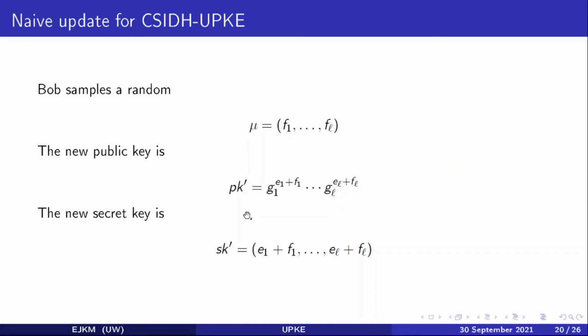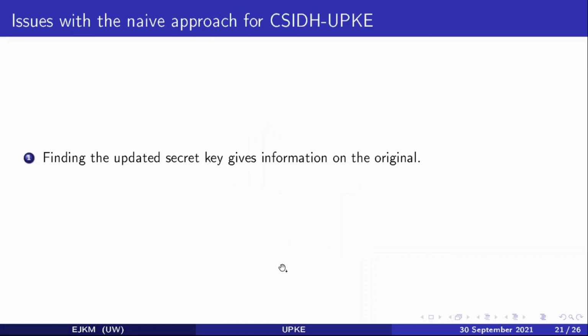The naive update that we can do in CSIDH would be to simply generate a new vector from f1 to fl and have that the new public key is just the product of the generators represented by the old vector and the new vector, and the secret key would be the sum of the two vectors.